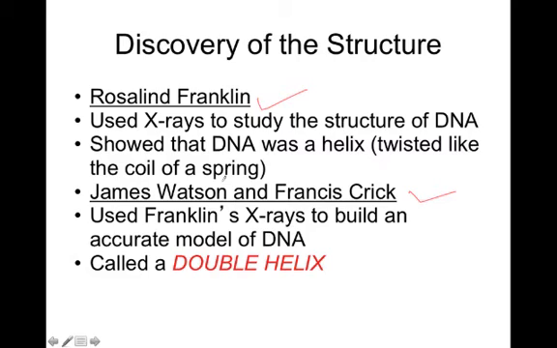She used X-rays to study the structure of DNA, and she discovered this helix or twisted ladder shape. Watson and Crick used that X-ray to build a more accurate model, and the model that we accept today is called the double helix. You could also think of it as a twisted ladder, because that's what it looks like.